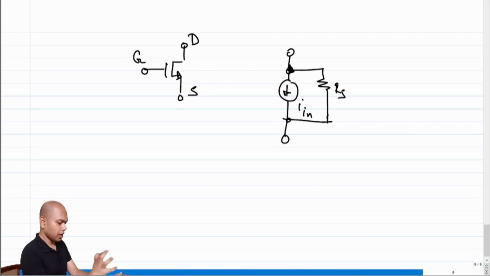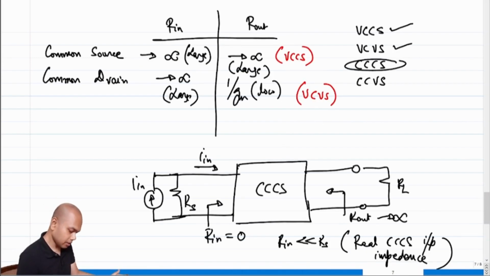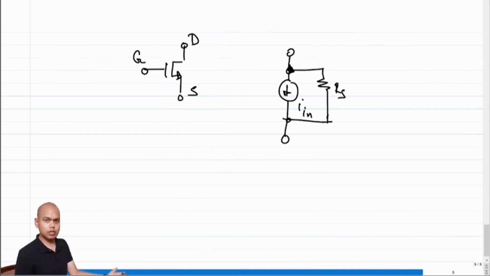Where do you think I should connect this current source? Should I connect it to the drain? What is the impedance looking in? What I'm essentially asking in this CCCS topology is, can the looking in terminal be a drain terminal or a source terminal?